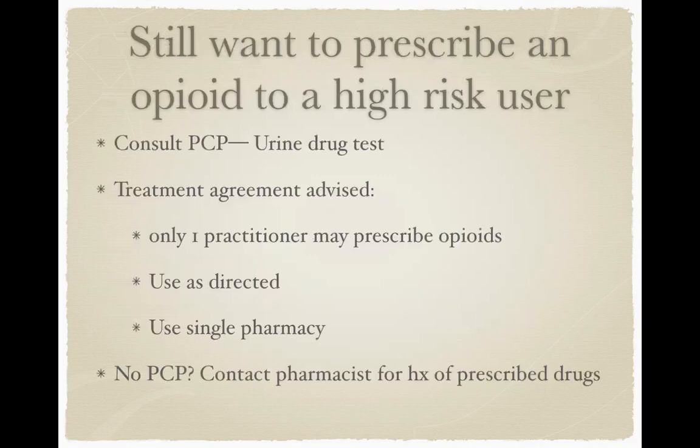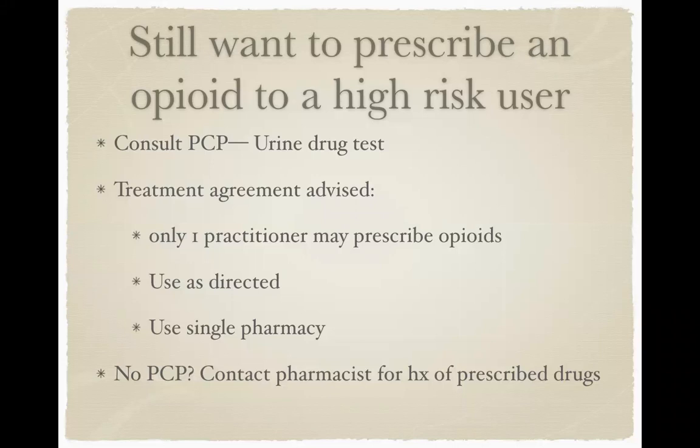Okay, so you've noted that the patient that you have is experiencing a lot of pain, or so they claim to, and you've established that they're a high risk opiate user, maybe with the CAGE questionnaire and all your other screening tools, and you still want to prescribe this opiate to them. So, what are some things that you should be mindful of?